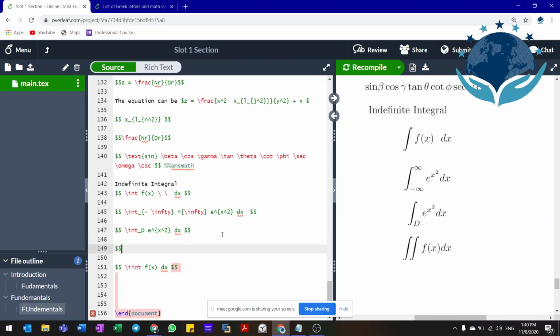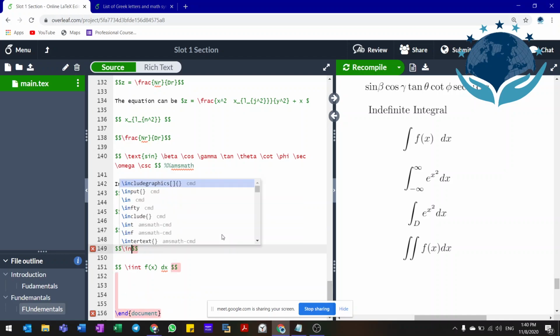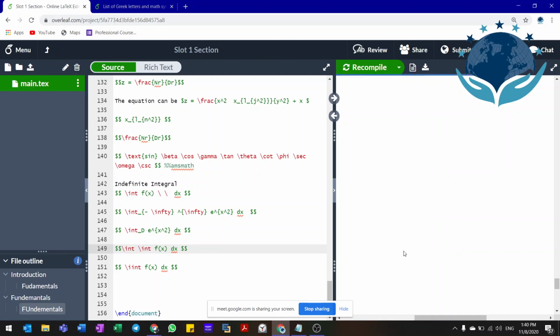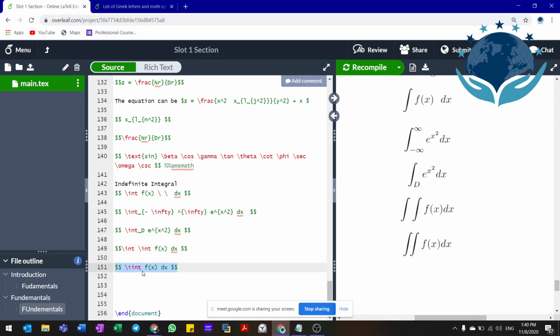I'll type it again so that you can identify the difference I am mentioning. F of x into dx. Here you can see that the first one is the improper usage, whereas the second one, double int, is the proper usage for implementing the double integral symbol.